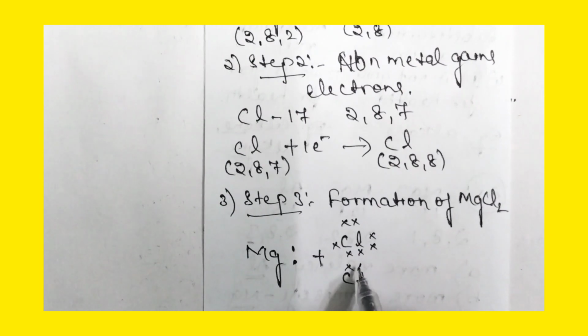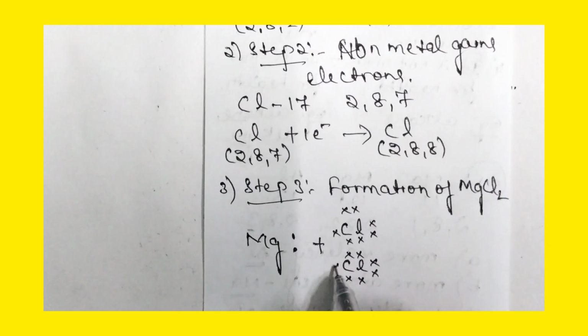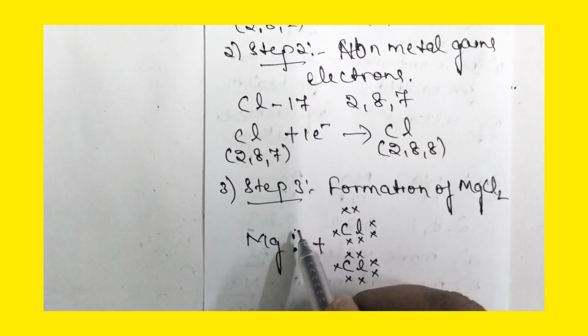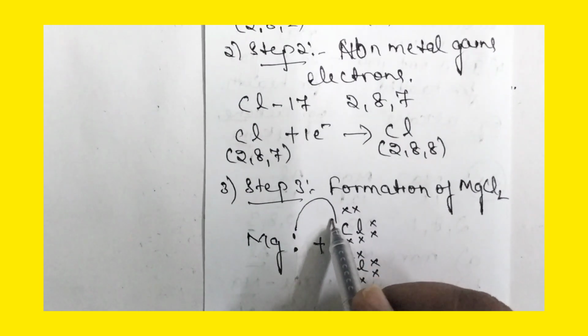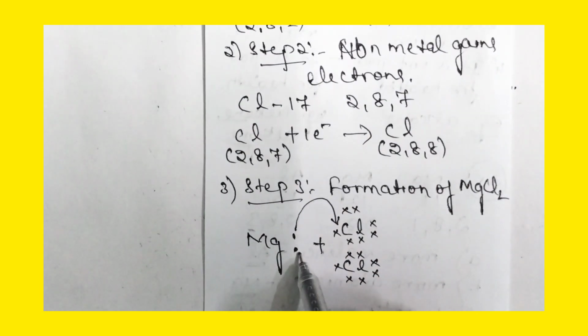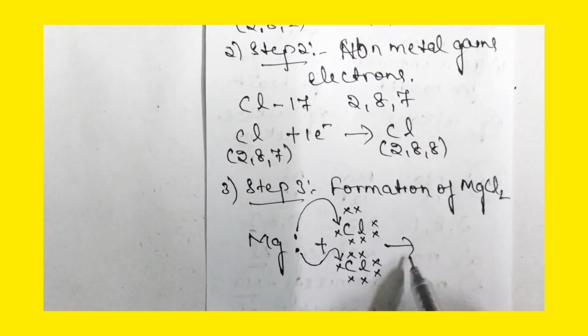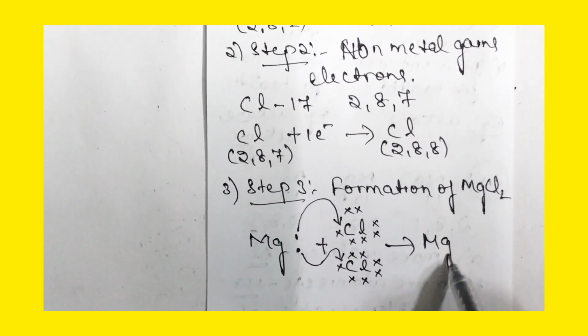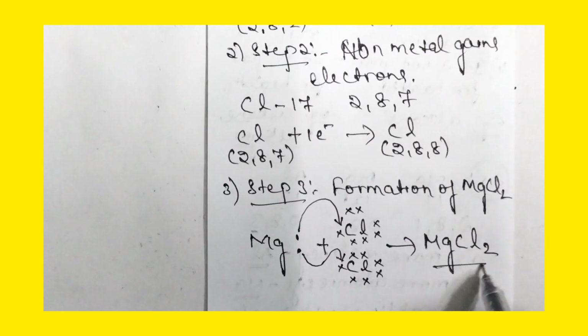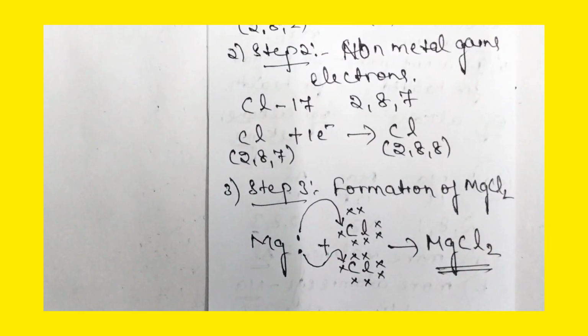This chlorine 1, 2, 3, 4, 5, 6, 7. So magnesium has 2 valence electrons. One electron will be gained by one chlorine and one more electron will be gained by another chlorine. So by gaining 2 electrons, it will become MgCl2, and this MgCl2 is called an ionic compound.